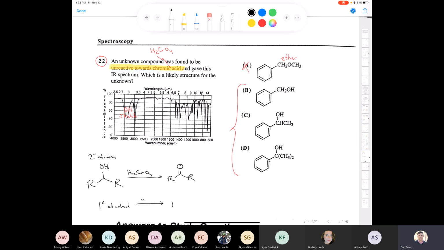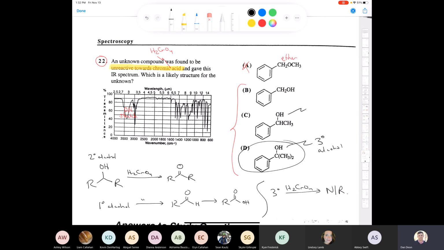I'll oxidize a primary alcohol first to an aldehyde, and usually it will subsequently be oxidized to a carboxylic acid. But can I oxidize a tertiary alcohol? If I treat a tertiary alcohol with chromic acid, I get no reaction. And so the answer must be D, because it is a tertiary alcohol.